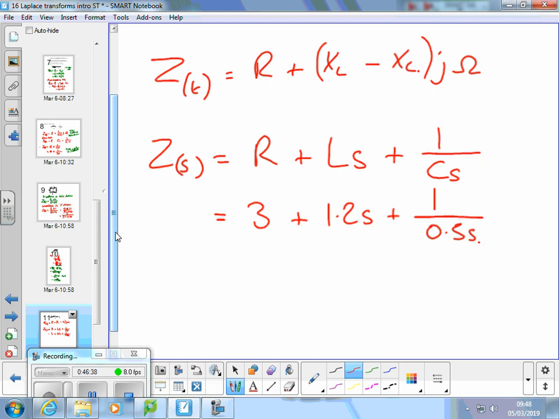How can I make that s on the bottom just s on itself? Take that on its own, multiply it by 2.